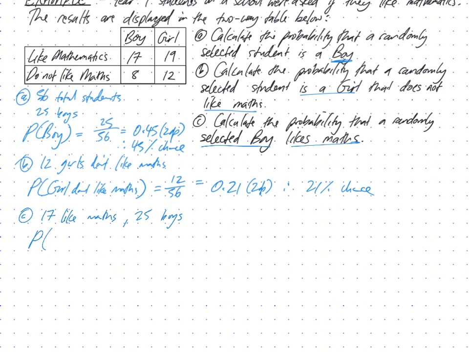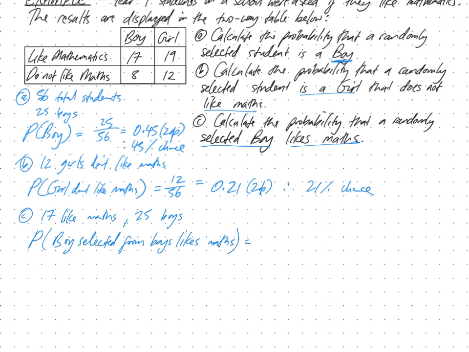So probability of a boy selected from boys, to be specific, likes maths. Because if I was just to say the probability of a boy likes maths, then that's similar to part B. You're selecting from all those students.